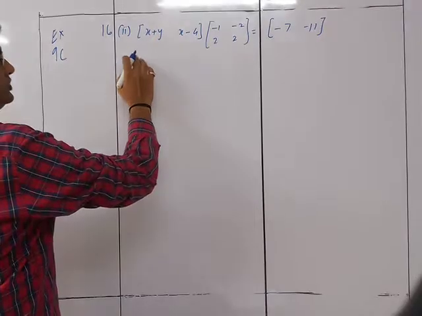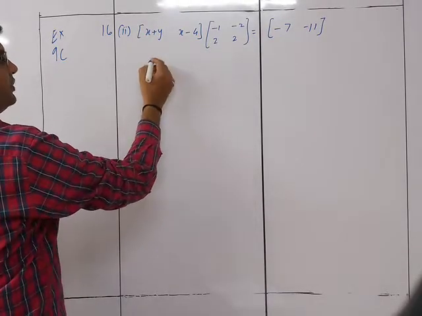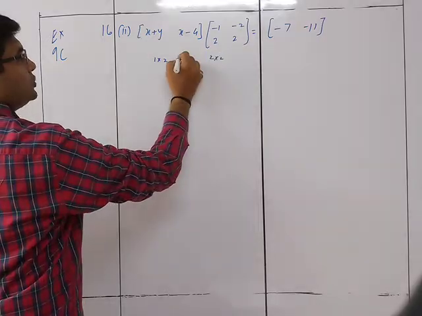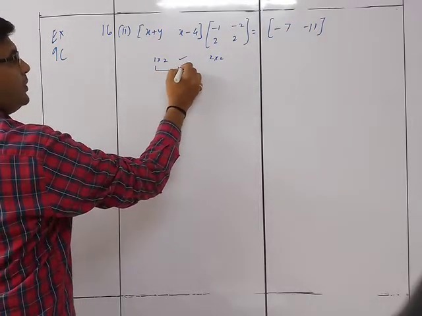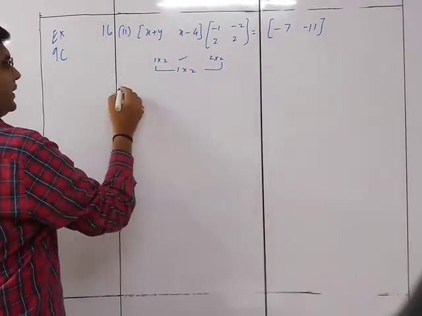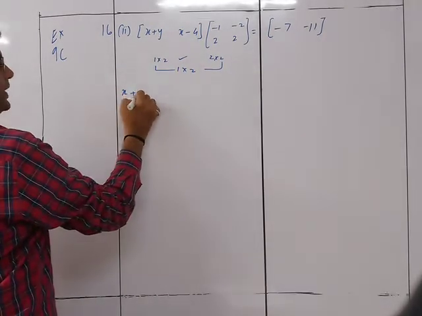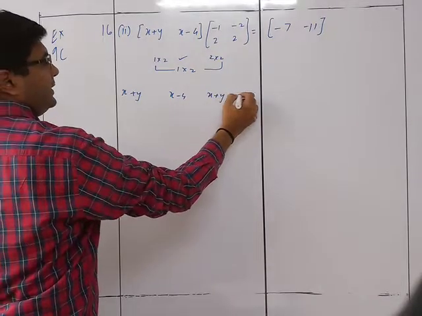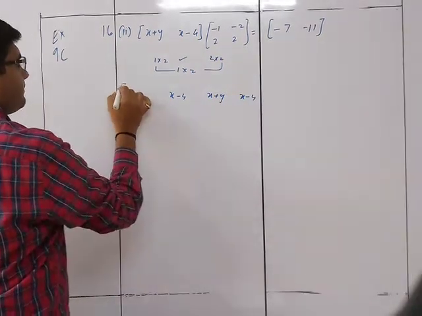This is multiplication, so you can see this is of the order 1 by 2 and this is 2 by 2. So multiplication is possible. The resultant will be a 1 by 2 matrix. So the first one we have to write twice. So it will be x plus y, x minus 4, x plus y, x minus 4.